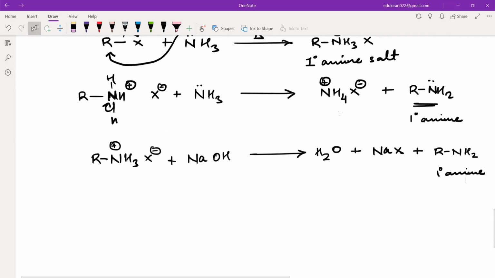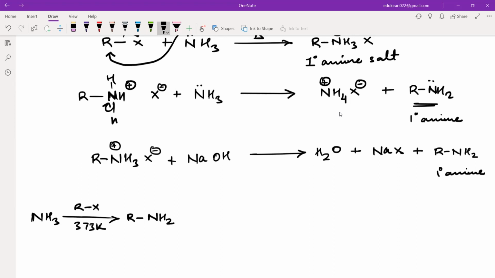Now let us see what happens if I keep on doing this reaction. Let me start with NH3. I react this with alkyl halide at 373 Kelvin, and I get RNH2.